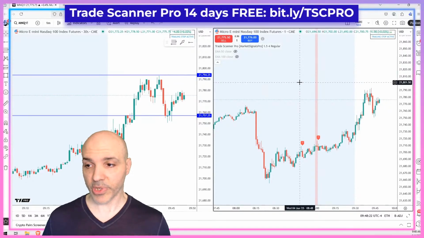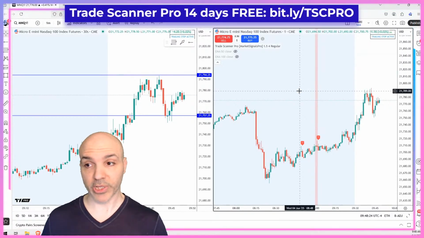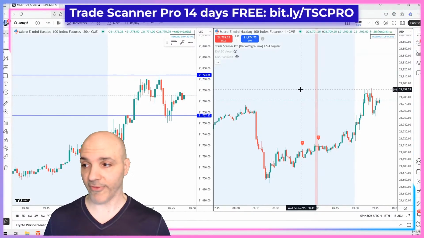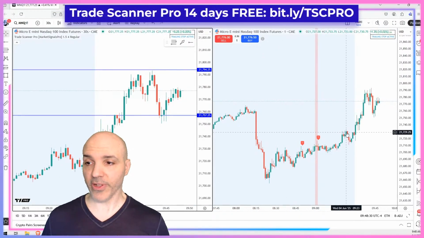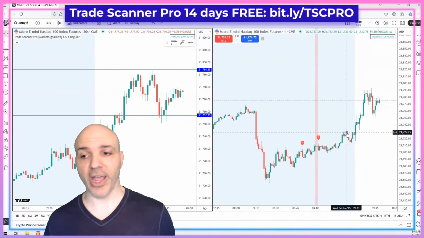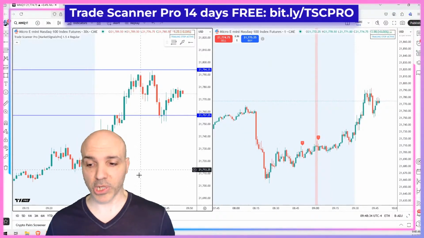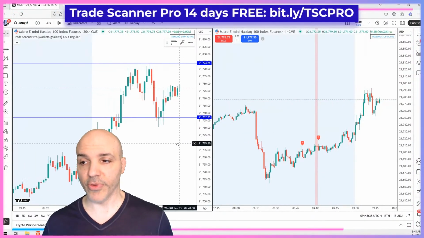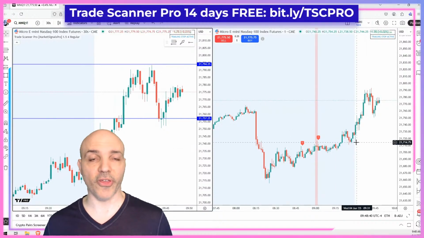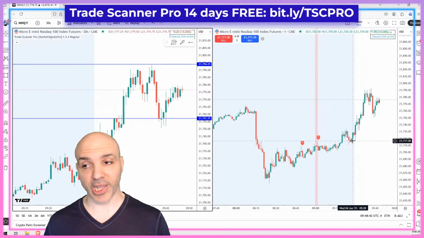Now, this environment, as we know, has been pretty tough over the previous week and a half, which means I introduced a special filter for the Trade Scanner Pro, which is basically what I call the re-entry filter. I explained it in my previous stream. The re-entry filter is nothing more than waiting for a signal to appear.